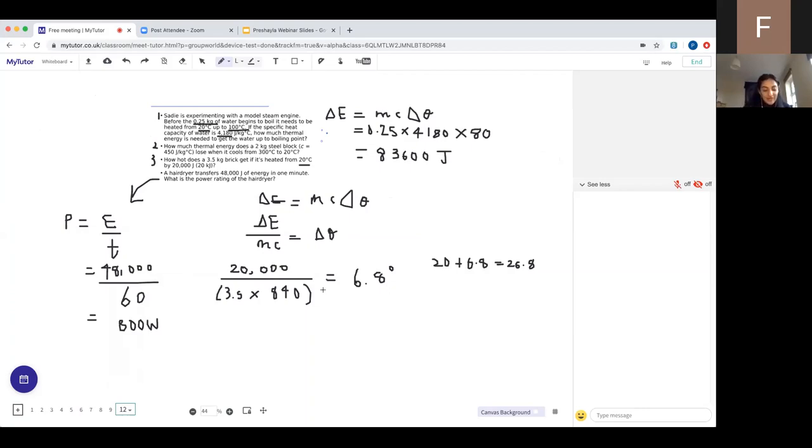So they each have their own kind of specific heat capacities. Just so happens that specific heat capacity for brick is 840. But you will always, always, always be given the specific heat capacity if you're expected to use it. So you don't need to remember specific heat capacities for lots of different materials.